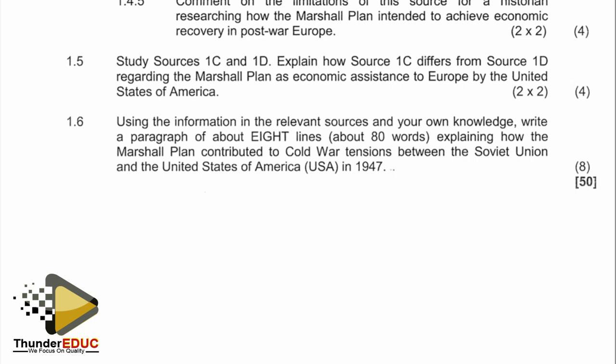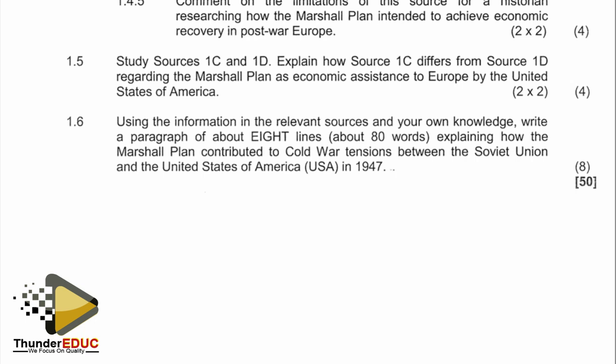So you can start your paragraph like you say, the Marshall Plan was a significant factor that further widened the rift between the USSR and the USA, as the Soviet Union felt threatened by the initiative. You are seeing there's a clear point there. You are asserting that the Marshall Plan was a significant factor that further created a rift. You are not repeating the statement in the question, but you are answering it in your own words.